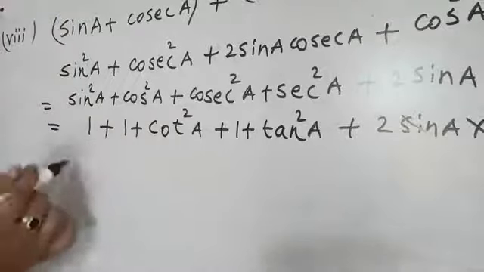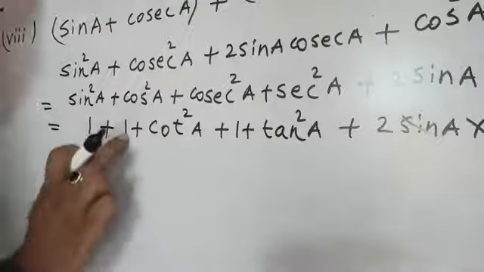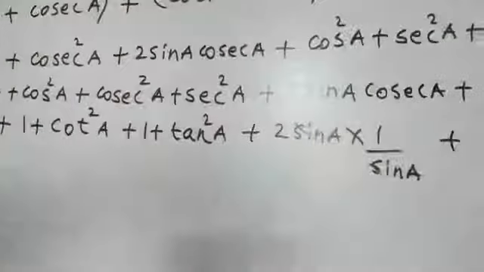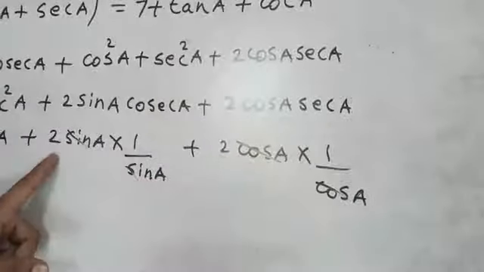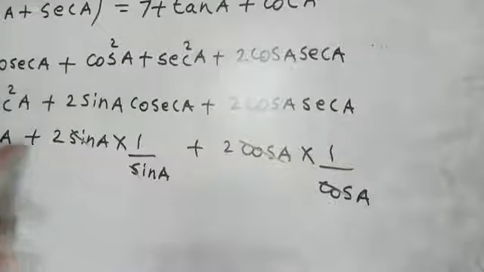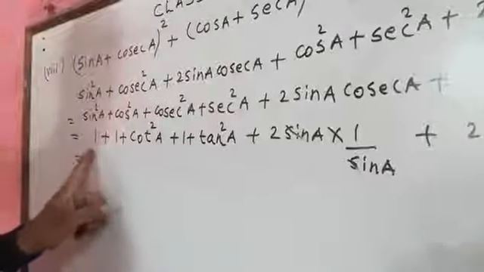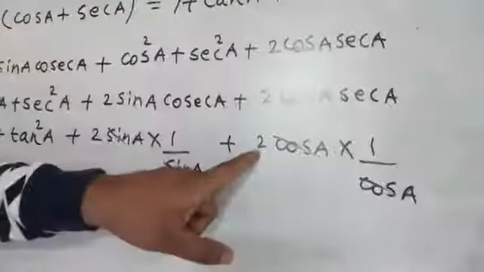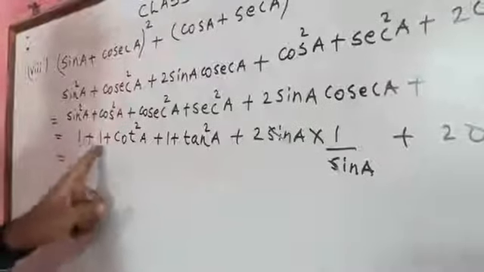Here 1 plus 1 is 2, 1 plus 1 is 2, 2 plus 2 is 4, 4 plus 2 is 6. Now 6 plus 1 is 7.